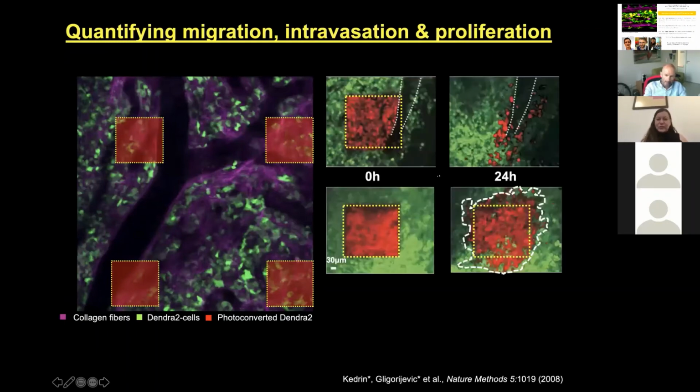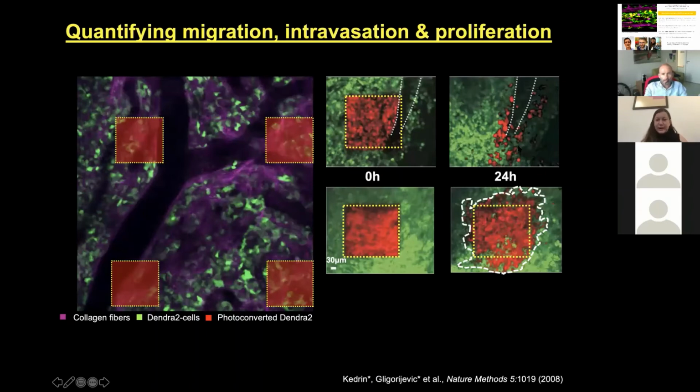And so if you come back the next day and image the same exact areas to compare what happened, you can see that these regions next to the blood vessel have actually aligned along the blood vessel, and some of them seem to have disappeared.